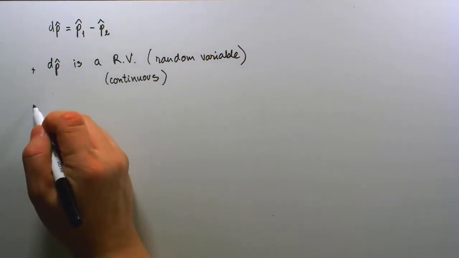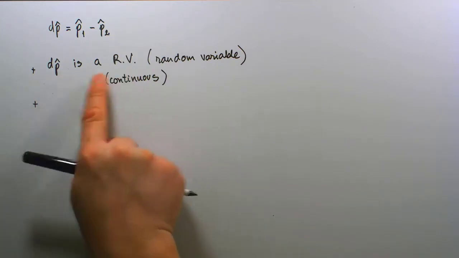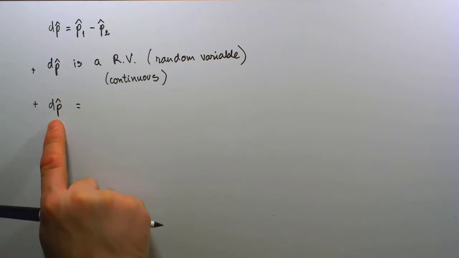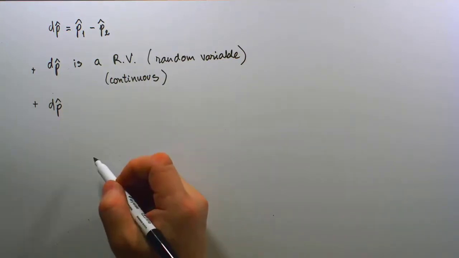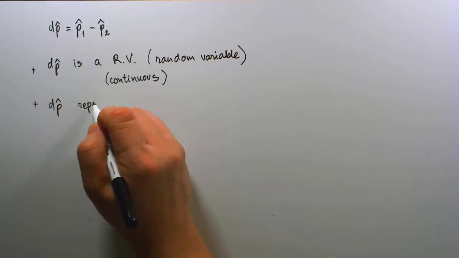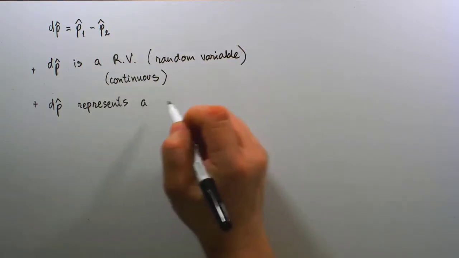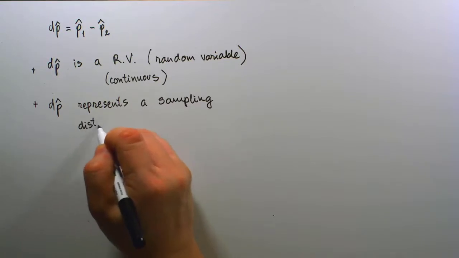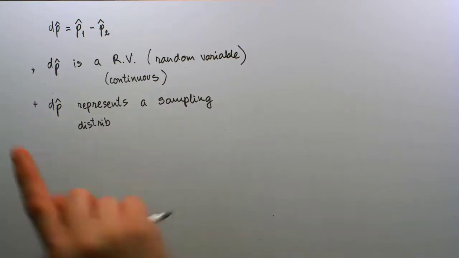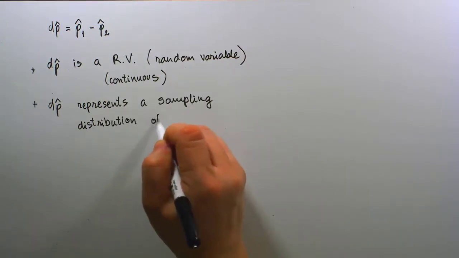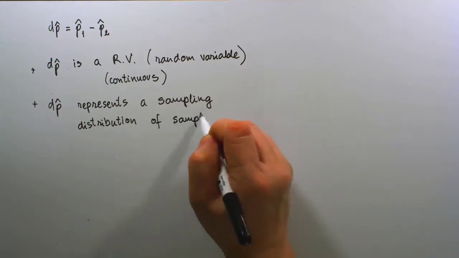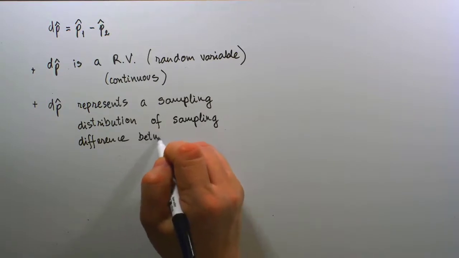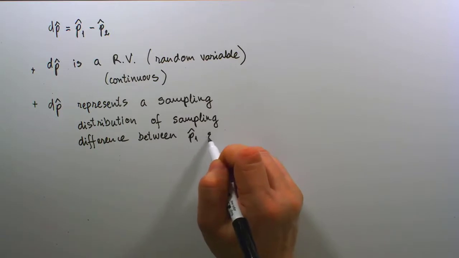And so the next impact of understanding dp hat as a random variable is that dp hat here represents an entire sampling distribution, or dp hat itself is a sampling distribution of sampling differences between a p hat 1 and a p hat 2.